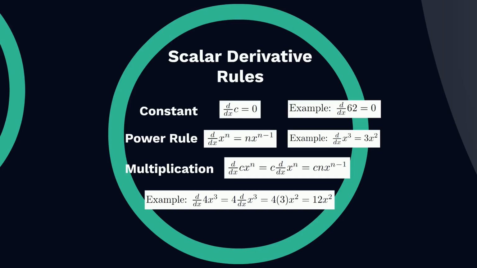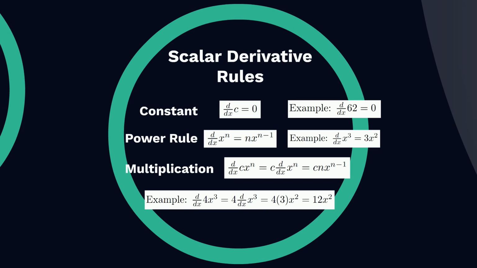So for example, if we have the derivative of 4x to the third with respect to x, we can simply bring that 4 out into the front. And then our x to the third is going to follow the same power rules that we had up above. So that exponent 3 comes down, and then we get an n minus 1, an exponent of 2 left over.